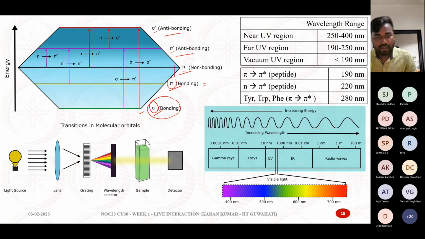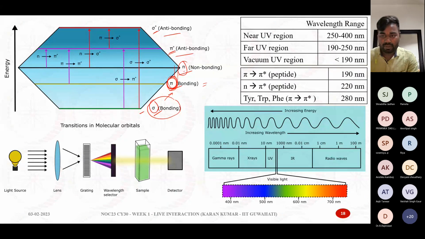It will be close to the sigma bonding, but in comparison the pi bonding energy level will be greater than the sigma bonding. Then the non-bonding orbital, then pi star and sigma star. These are the high energy levels.